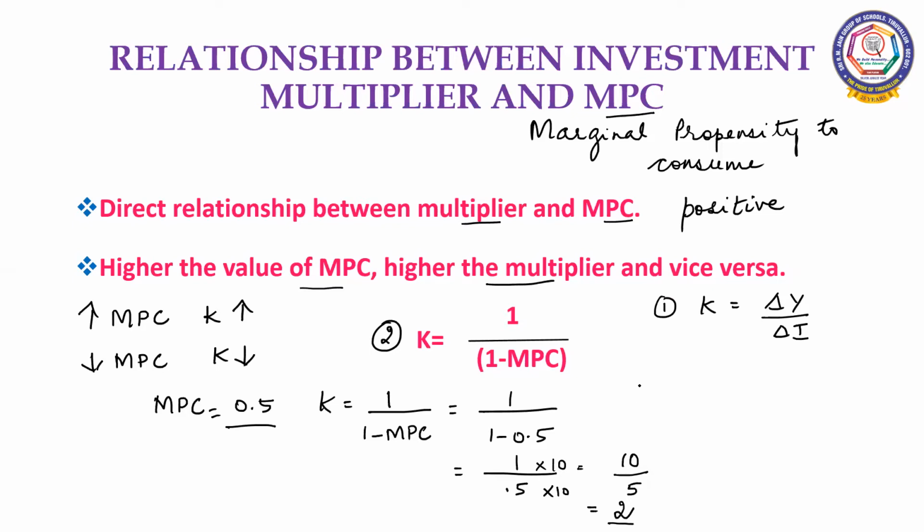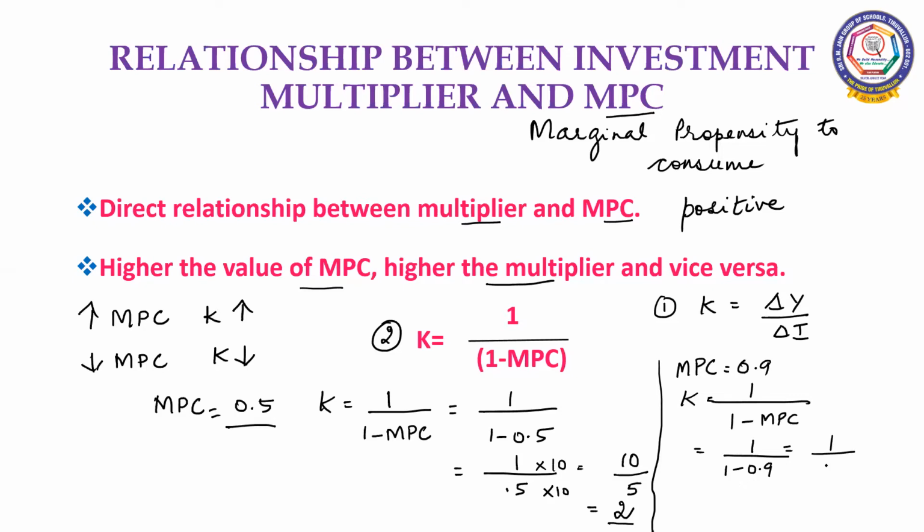Now let us see if MPC is 0.9. So K multiplier is equal to 1 by 1 minus MPC, that is equal to 1 by 1 minus 0.9. 1 by 1 minus 0.9 is 0.1.